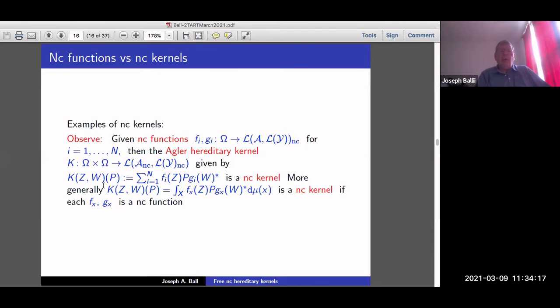So for examples, we build them out of noncommutative functions.